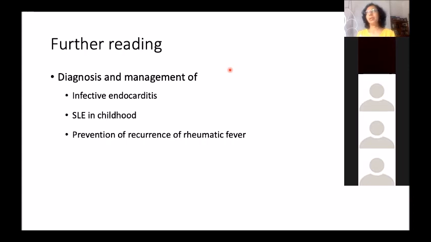What we have learned and what is established is that the nephrogenic strains are different, but the pharyngeal strains can cause both rheumatic fever and nephritis, while some strains cause nephritis alone, but not rheumatic fever.